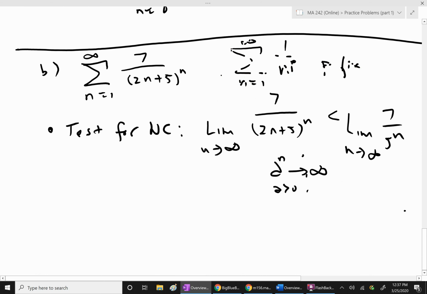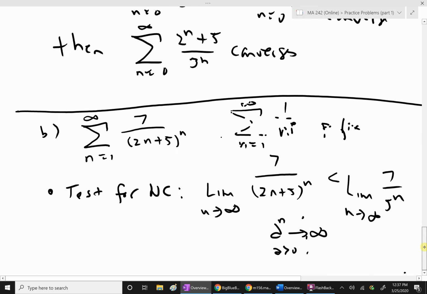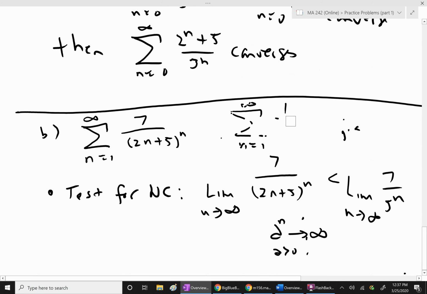So when we're doing a P series, this P is a fixed number, right? Notice that the exponent here is not a fixed number. So unfortunately, we can't use any of our nice results, can't use any of our formulas.